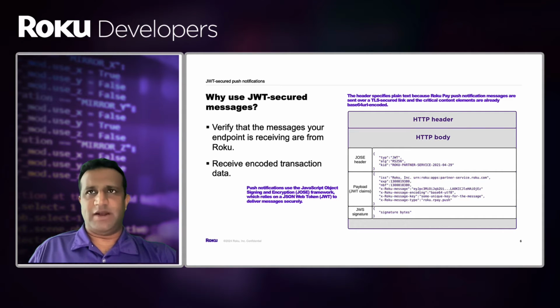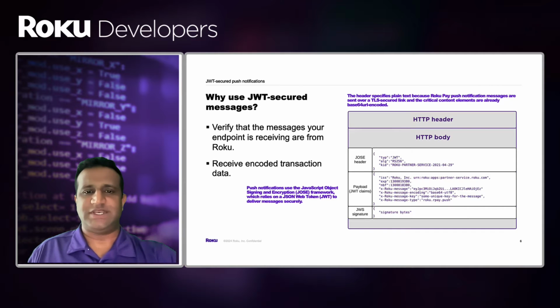You probably want to know who is sending you this message, right? When we have open JSON, and someone has your endpoint, they would be able to send you a notification, and we have no mechanism to check the signature, like who is sending it. So JWT adds that feature.